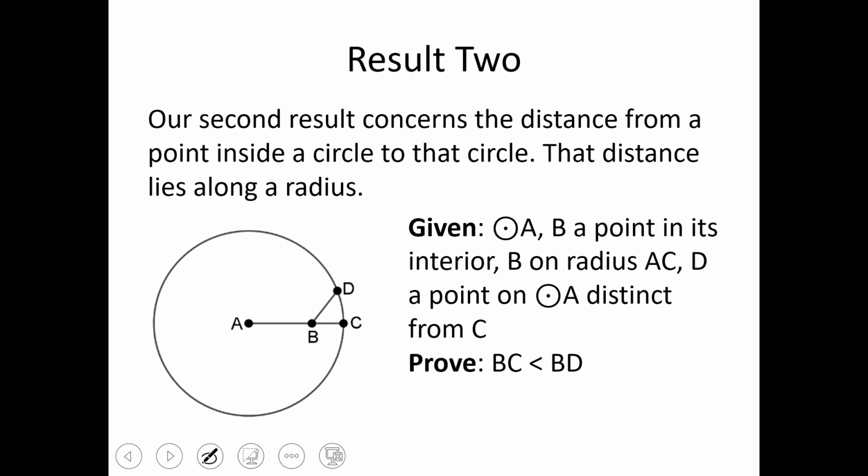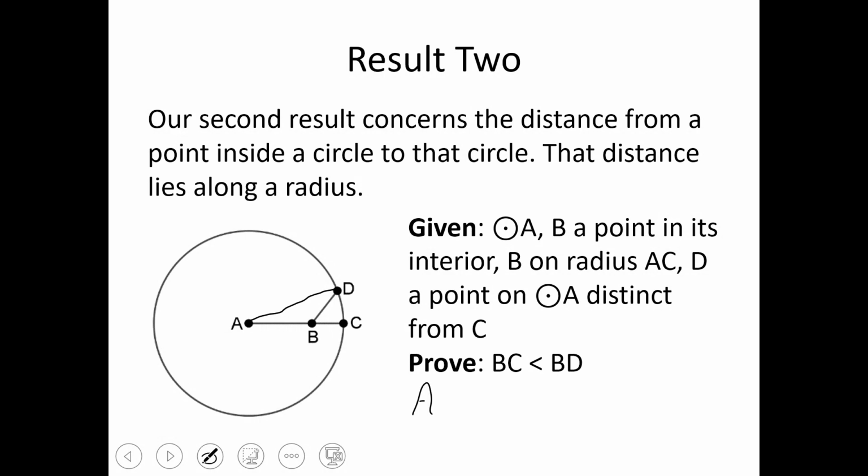And how will we prove that that's the shortest path that one can go from B to a point on the circle? Well, this is what we did before. One will consider its relationship to other possible paths that one might go. And B to D is just a representative other path. So what we really need to prove is that BC is less than BD. And how are we going to do this? Well, perhaps it will come as no surprise that I'm going to connect up A to D. And then here's what must be true.